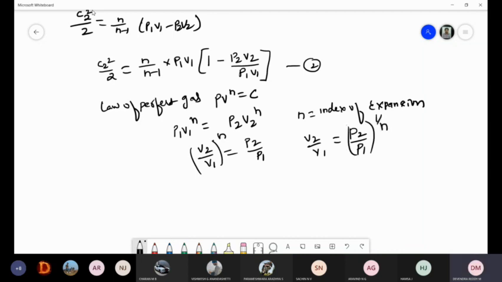Can I convert like this? Sorry, it's wrong. One minute. V2 by V1, I can write, is P1 by P2 to the power of 1 by n. Can I write in this form? Anything wrong?